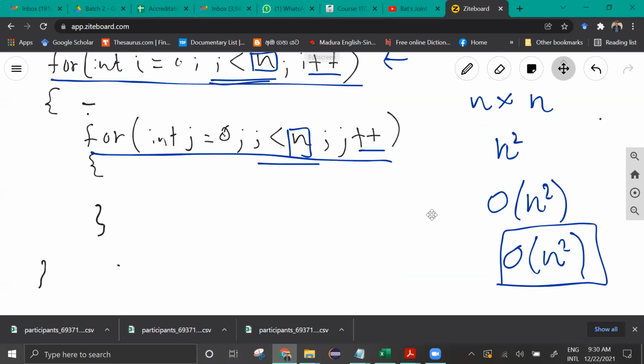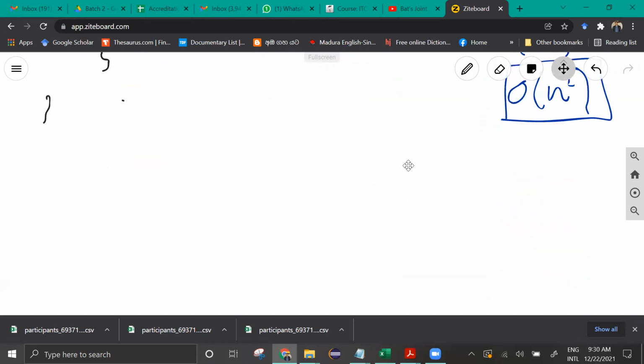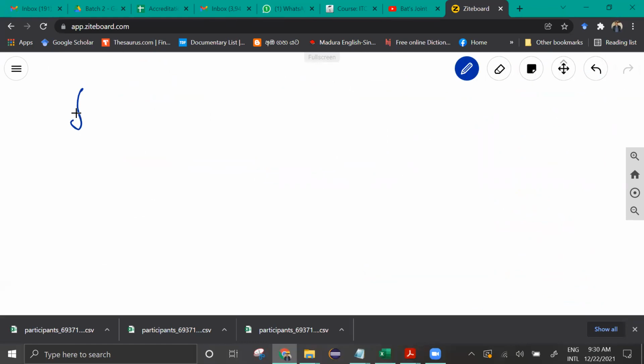However, there are some cases, right? For example, for i equals 0, i goes up to N, i plus plus.